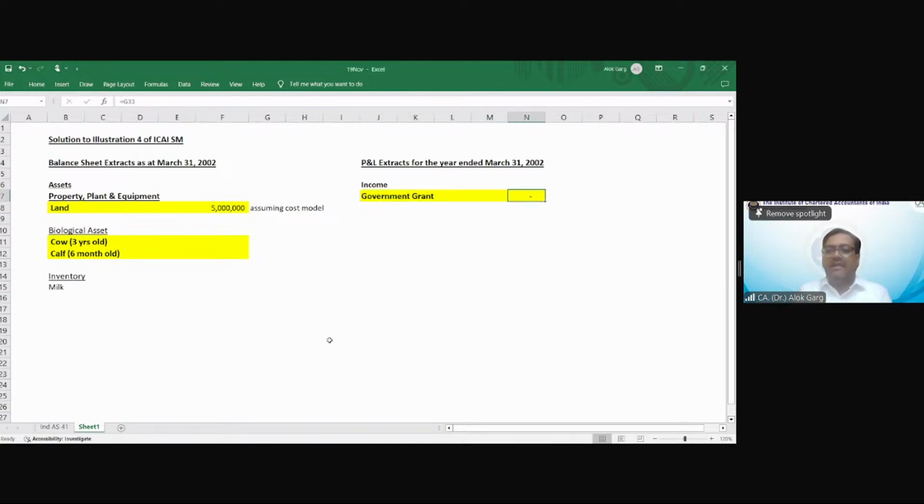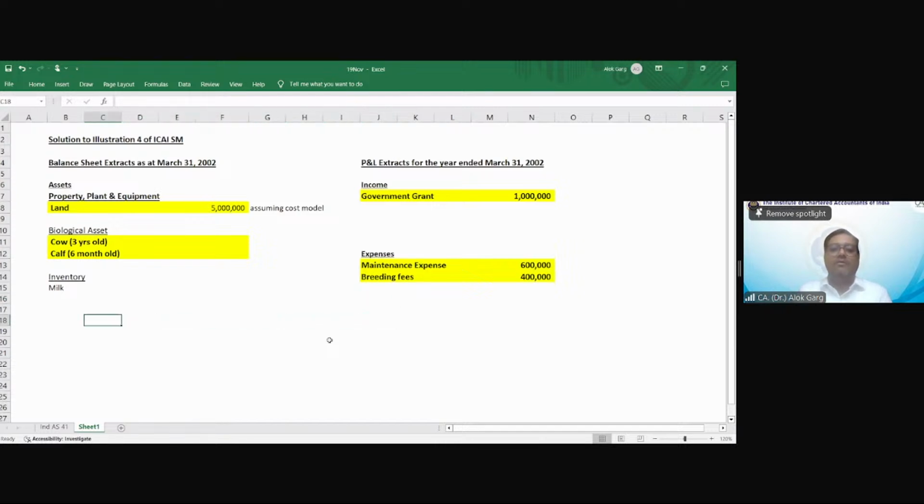So government grant 10 lakh rupees. What else will come? Some expenses were also given in the question: maintenance expense and breeding fees. So maintenance expense 6 lakh and breeding fees 4 lakh.